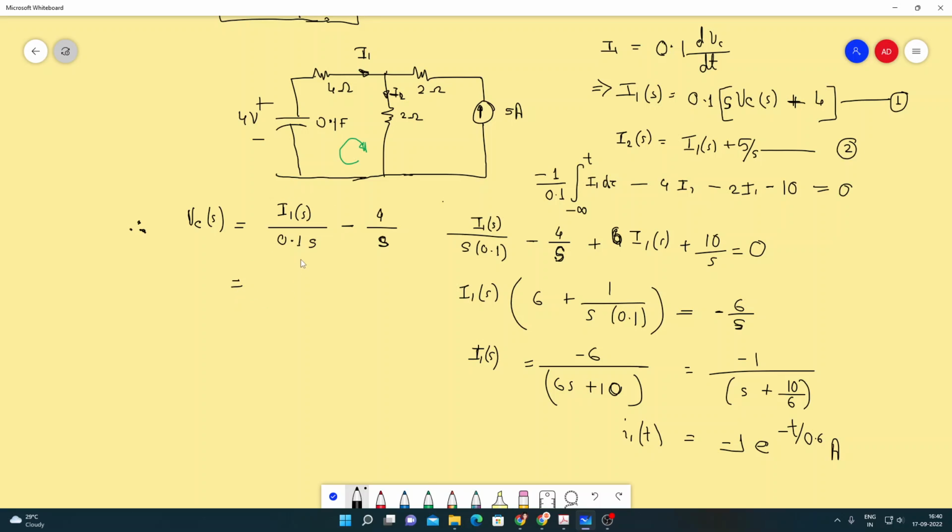So from here I can write this to be minus 10, let's say, s into s plus 10 by 6, plus 4 by s. So from here I can write minus 10 by s minus s plus 10 by 6.